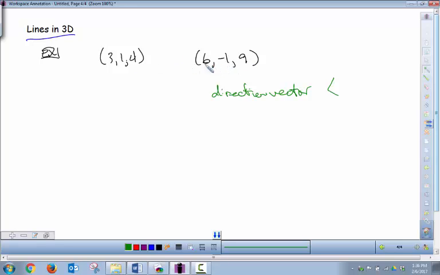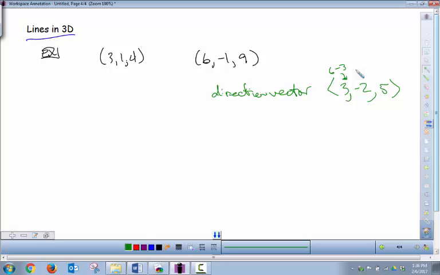These numbers are higher, so I'll go 6 minus 3 is 3. Negative 1 minus 1 is negative 2. 9 minus 4 is positive 5. Okay.